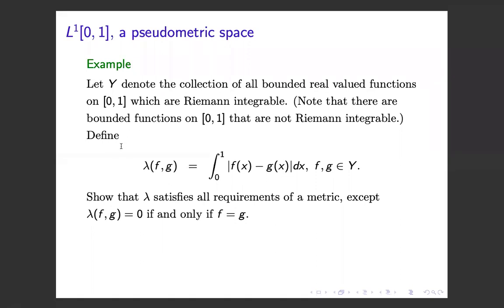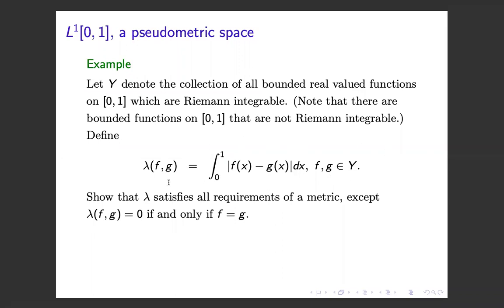So now define this metric lambda(f, g) equal to, as we had defined earlier for C[0,1], the integral of mod f(x) minus g(x). Instead of taking the supremum over this difference, now we integrate.